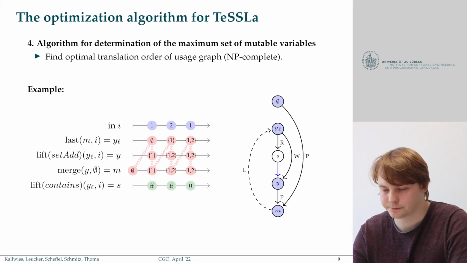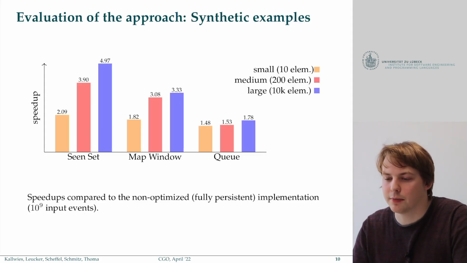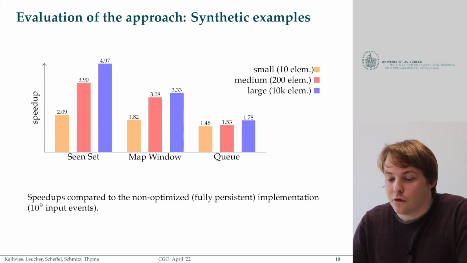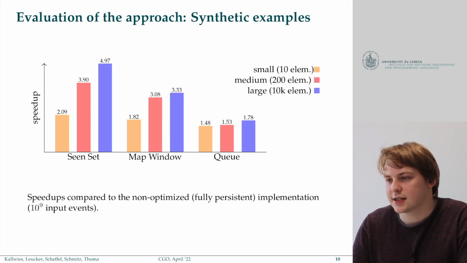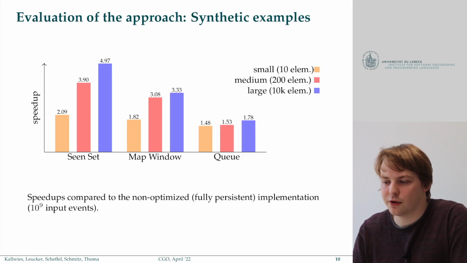We have implemented our algorithm in the Tessla to Scala compiler and evaluated our approach. Therefore, we have written 3 synthetic examples, which are specifications that basically aggregate input events, quite similar to our running example. We did that for sets, maps, and for queues.